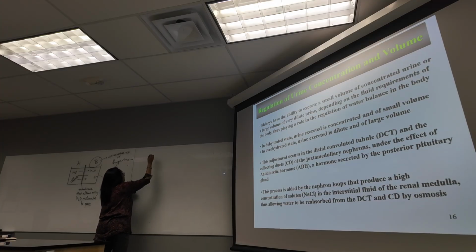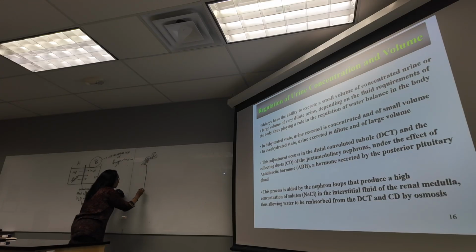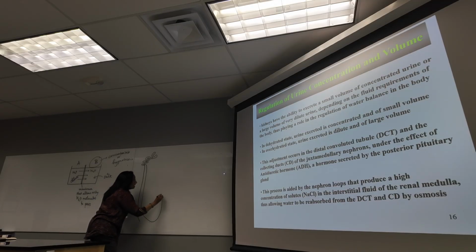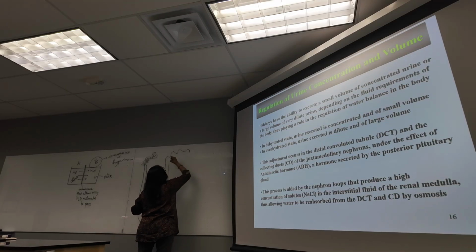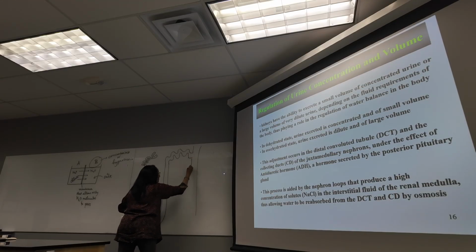So this is your cup, and then this is your PCT, and then here's your loop. Okay, let's draw this a little wider. And then comes your DCT and collecting duct.